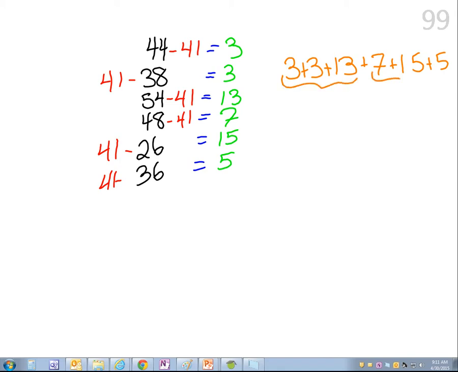49. So 27 plus 19. I'll lay it out so you guys can see it.